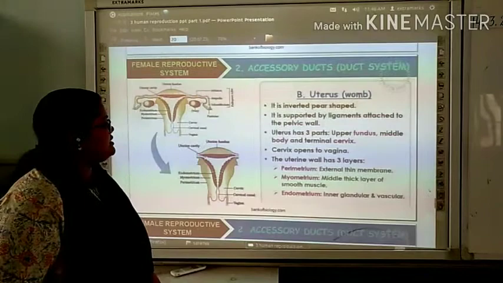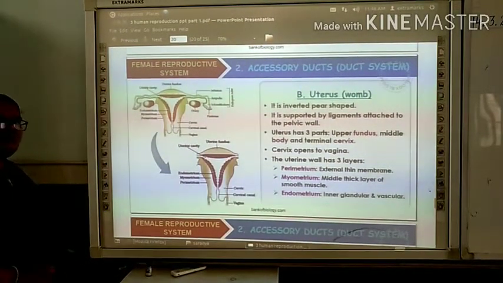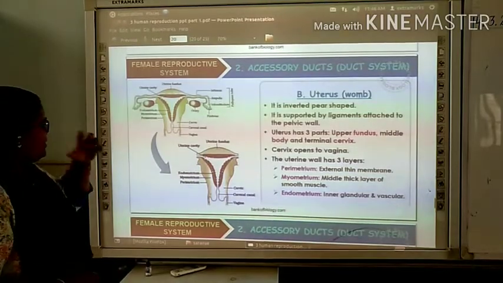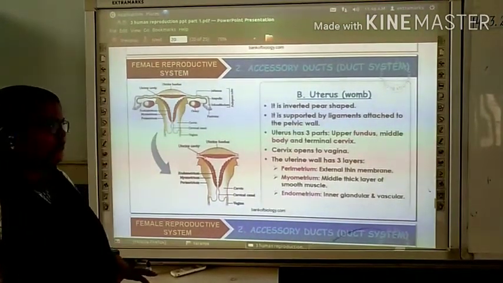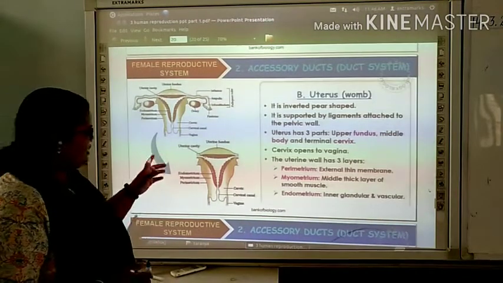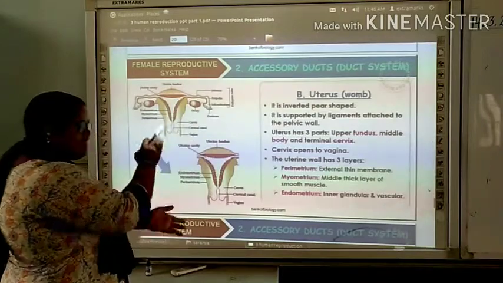Right. Now the second accessory duct, or accessory duct system, is the uterus, otherwise known as the womb. Here, this is a fallopian tube, and this entire part is called the uterus. If you check the shape, you can see it is a pear shape, but inverted here.